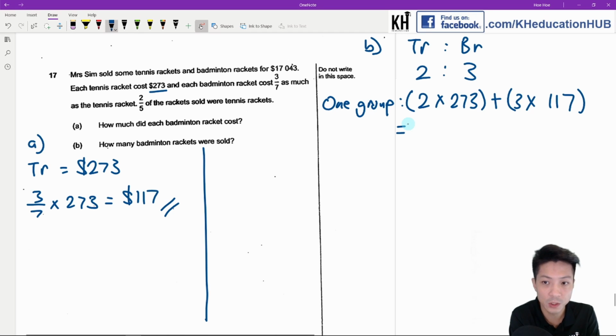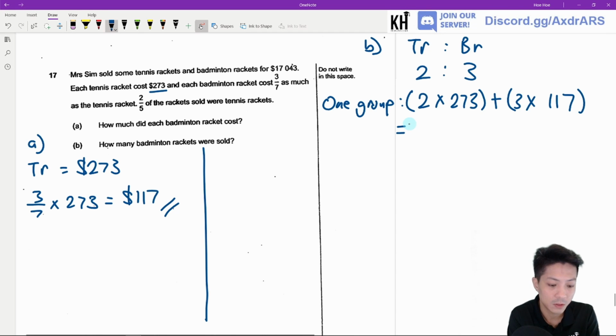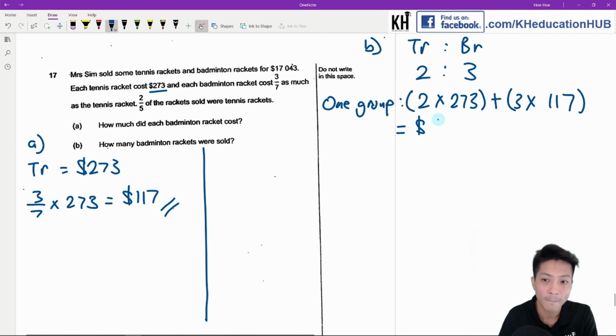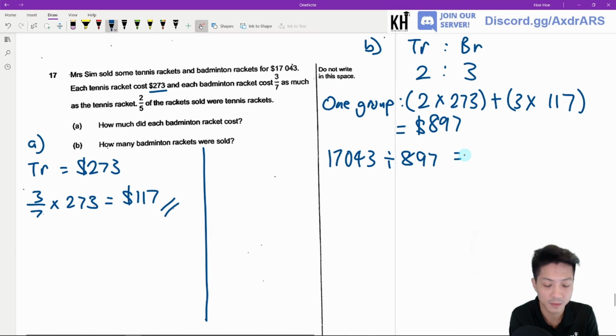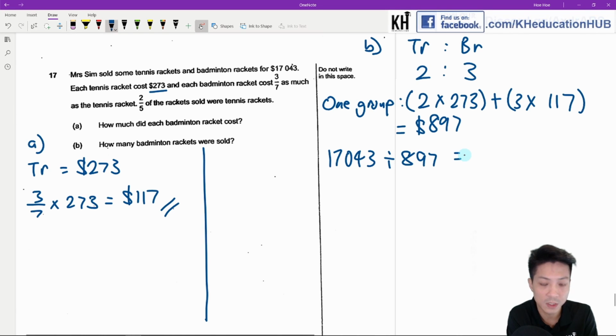This will be equal to $897. Okay, we're gonna find out how many groups there are by using 17043 divided by 897, which will be 19 groups.